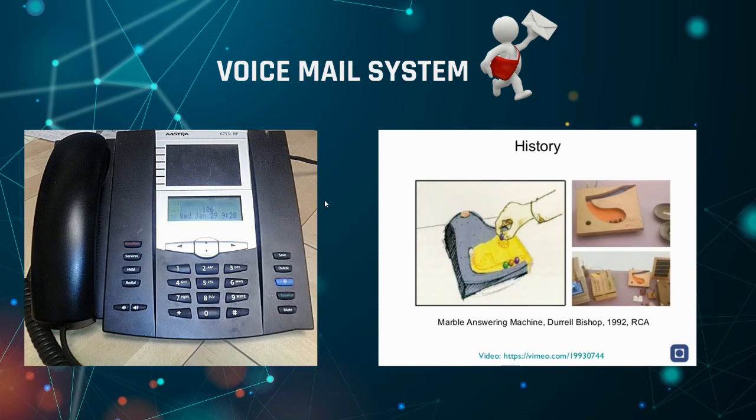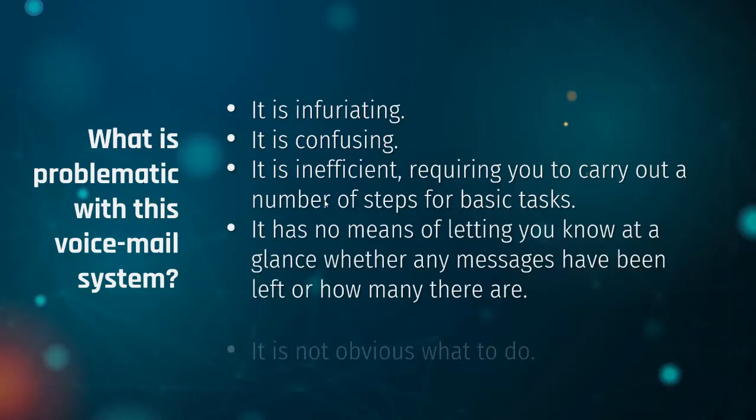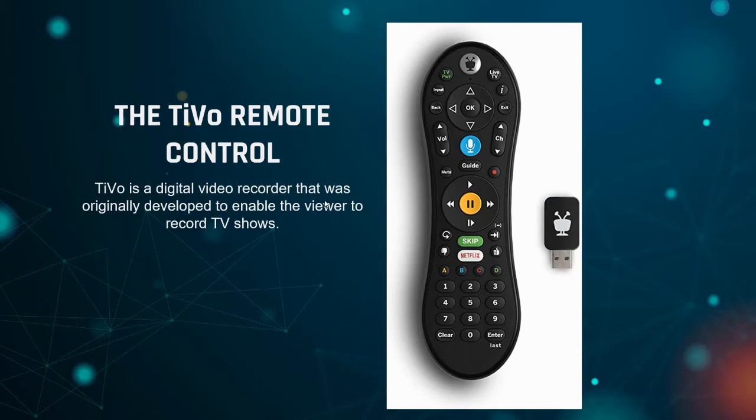And also we discussed the TiVo remote control. There are remote controls made without the users in mind, but the TiVo remote control shows an aspect where the designer really made it with the users in mind.